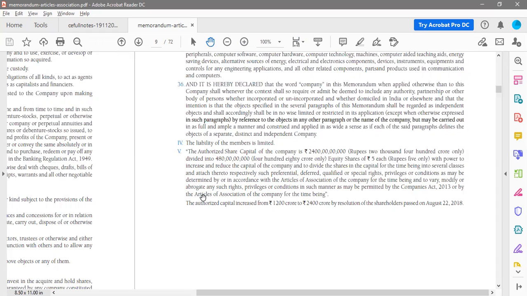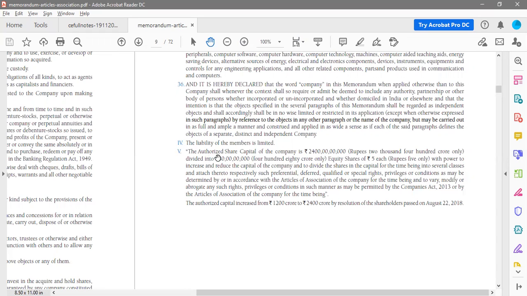The maximum capital that I can issue throughout the life of the company. The company might be there for 100 years, 200 years, 150, 250 years. What is the amount that I will be issuing as shares throughout the life of the company? That is called authorized share capital.